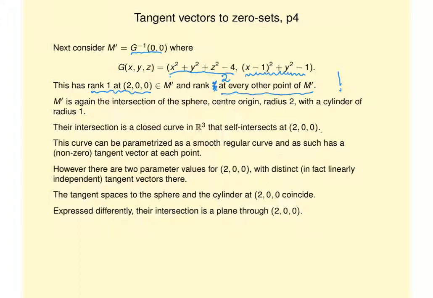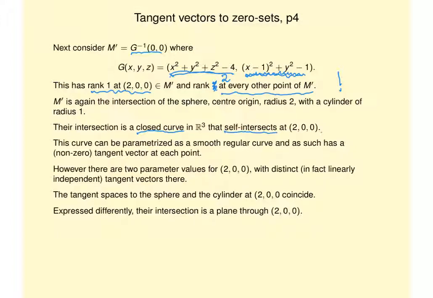M prime is still the intersection of the sphere, that's the zero set of the first component, with the cylinder, which is the zero set of the second component. That part is still fine, but this intersection is actually a closed curve, and it has a point of self-intersection at (2, 0, 0).